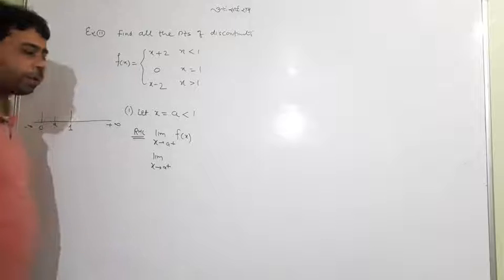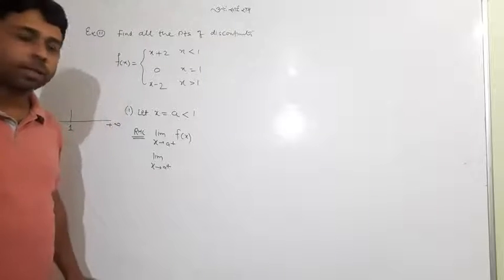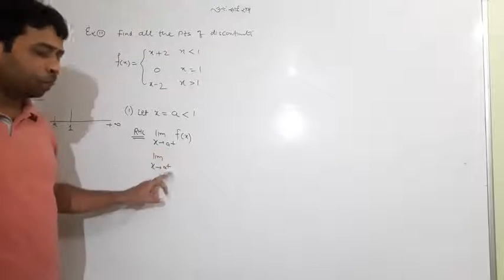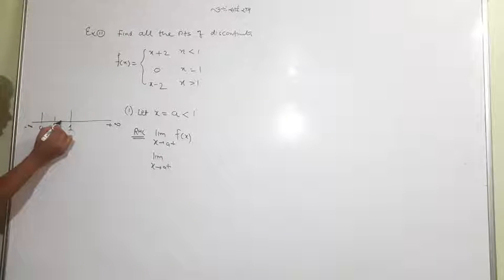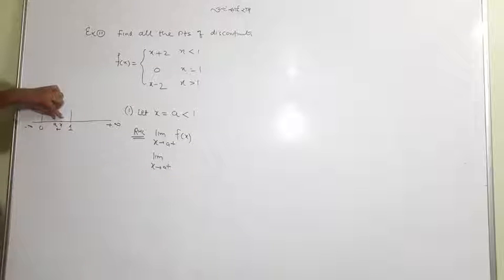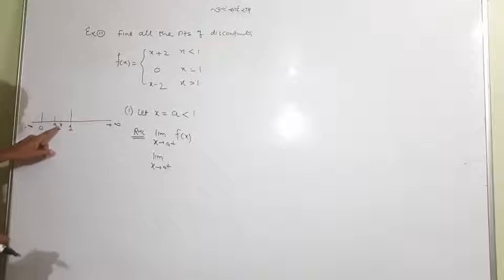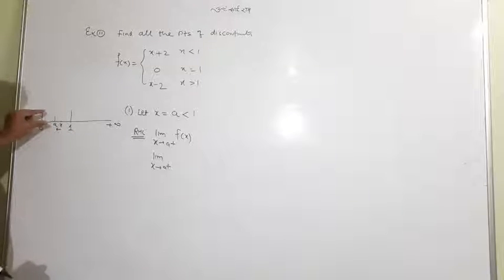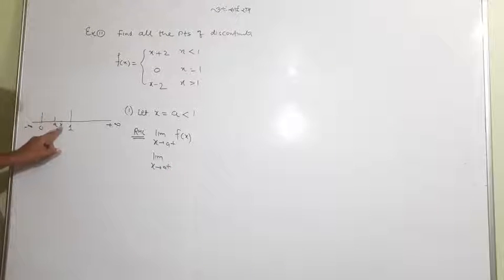That day when I started this, I explained thoroughly, and I think you remember that x tends to a plus means x is coming to a from the right direction, maintaining a small gap. You can't take x at a, you have to take x near a. Even though it is a right hand limit, x looks greater than a.